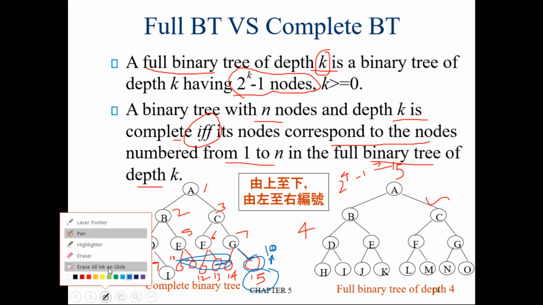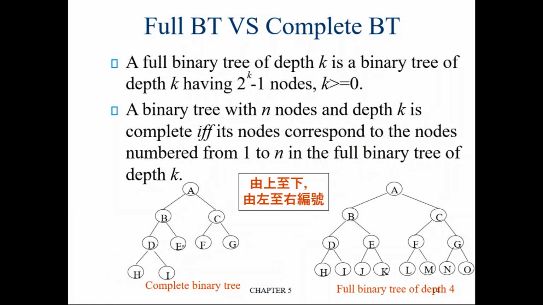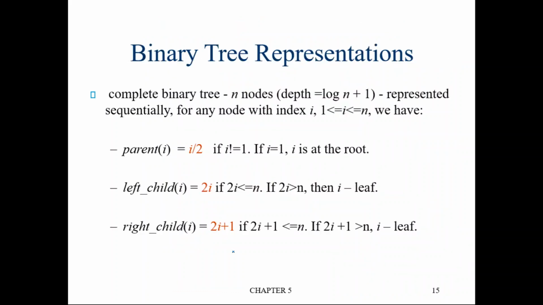So the point is, in a complete binary tree the nodes should be added in order. If it is not following that order, then you cannot call it a complete binary tree.